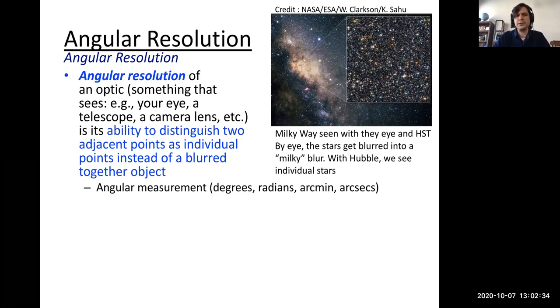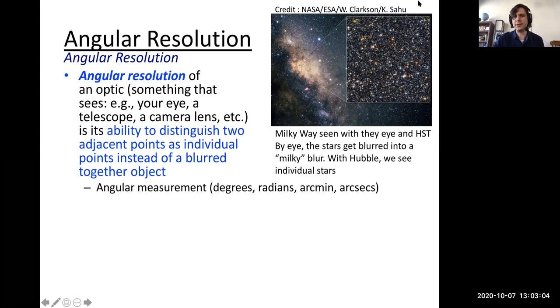So the angular resolution of an optic, which is just something that sees, so your eye, a camera, a telescope, those are all examples of something that sees. The angular resolution of a telescope, or of your eye, describes its ability to distinguish two adjacent points, two points really close to one another, as individual points instead of them being blurred together into a single blob.